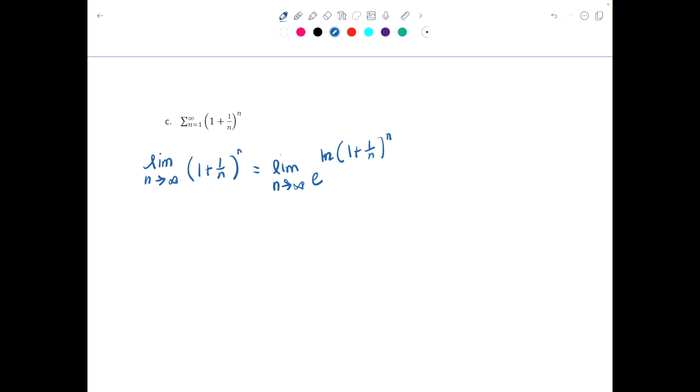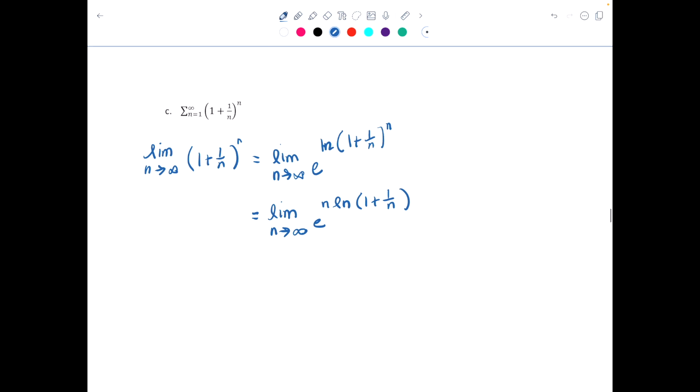And the reason we did that is so we could use that power rule for logarithms, right? This is going to be the limit as n approaches infinity of e raised to the n times natural log of 1 plus 1 over n. Cool so far?